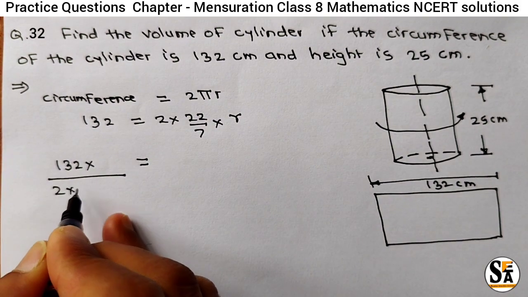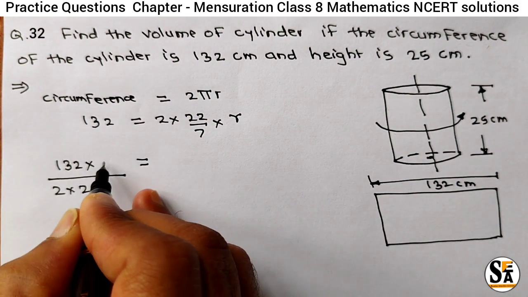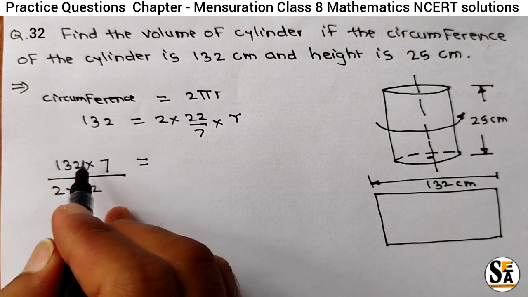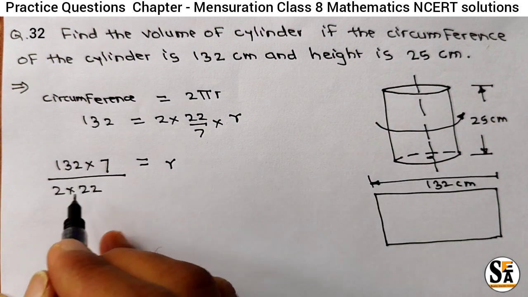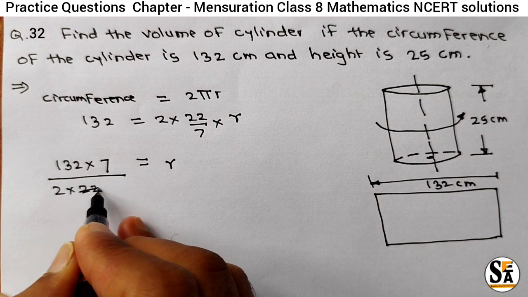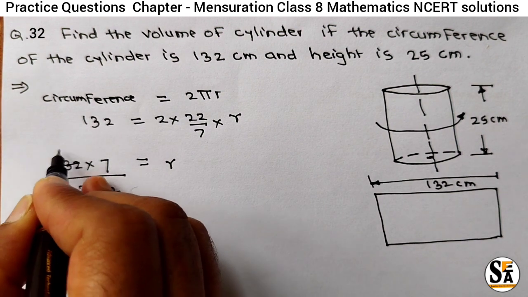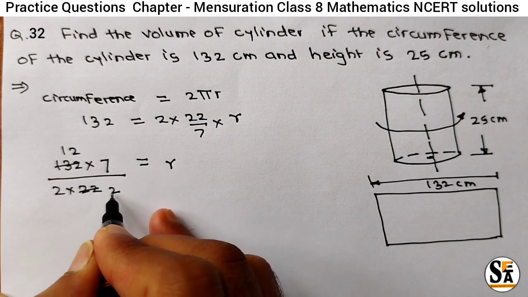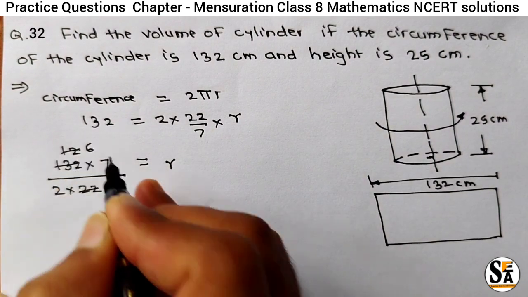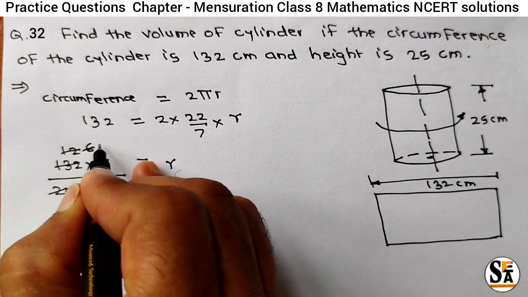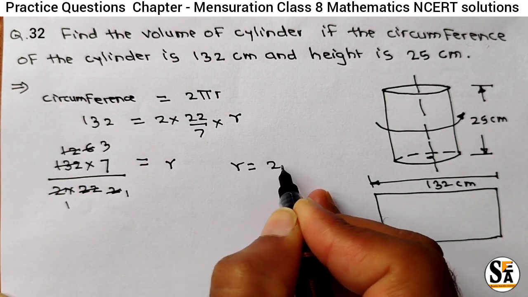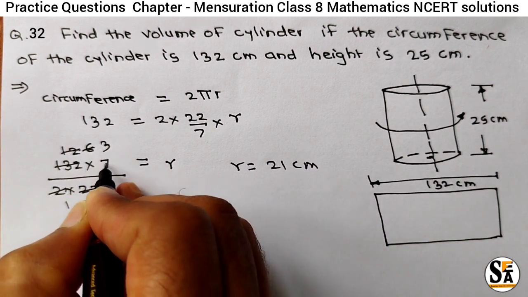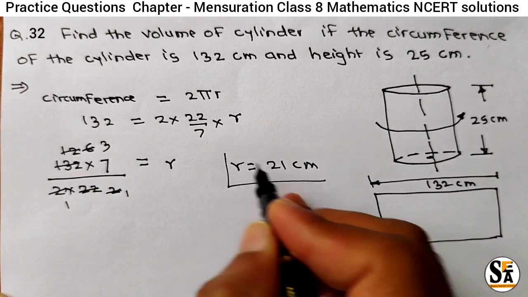So 2 into 22 and this 7 will be in numerator because we are changing the side. These are the mathematical rules. Now calculate this. 11 2s are 22, and 2 3s are 6. So r we are getting, r is equal to 21 centimeter because 3 into 7, 21 centimeter.